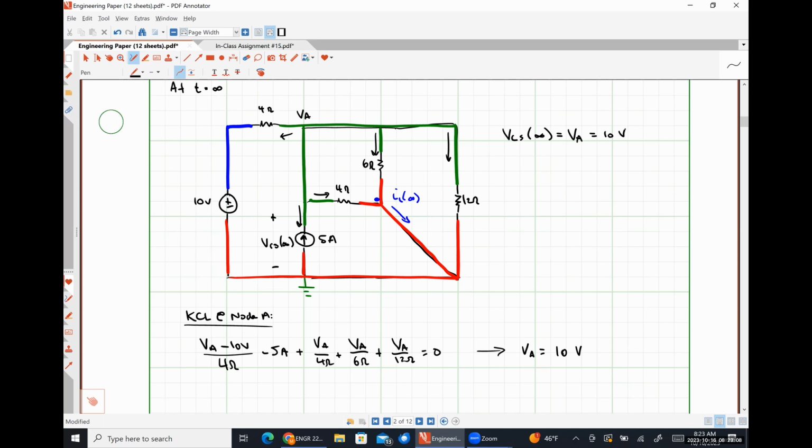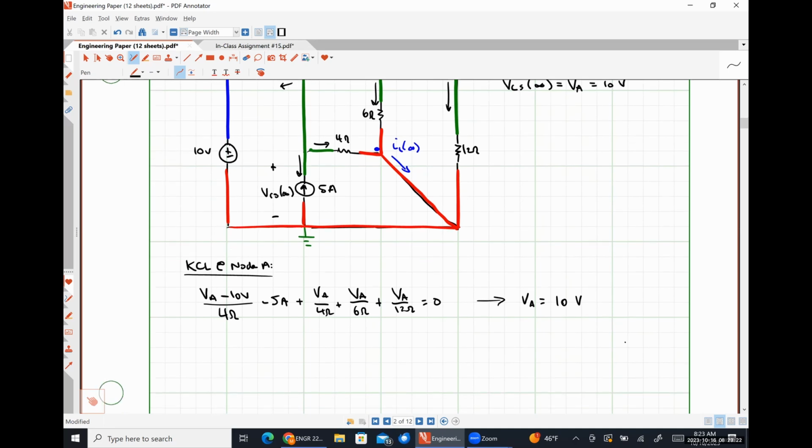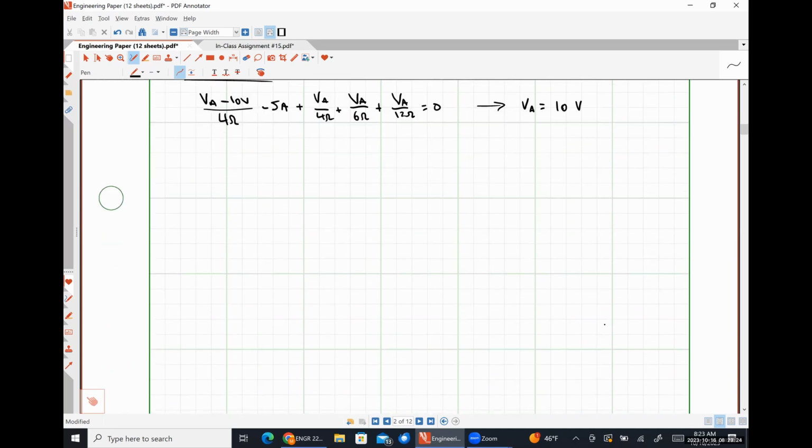Anybody have any problem with the analysis that we did here? Nobody's saying anything, so I'll assume you're all catching what I'm throwing. So our fourth step here is going to be to calculate our time constant.